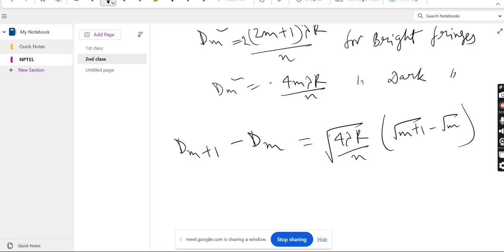So as m increases, the difference between them decreases. That means the rings gradually become narrower. That was the conclusion. So the rings will be crowded as we move from the center.